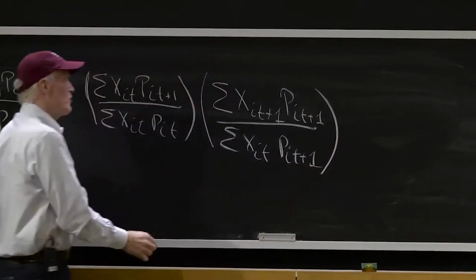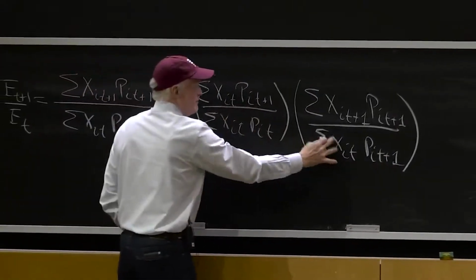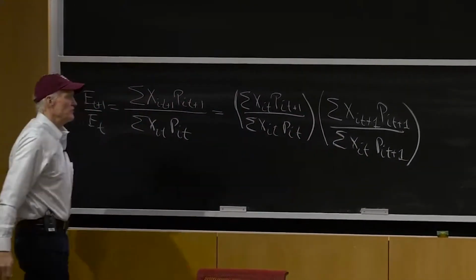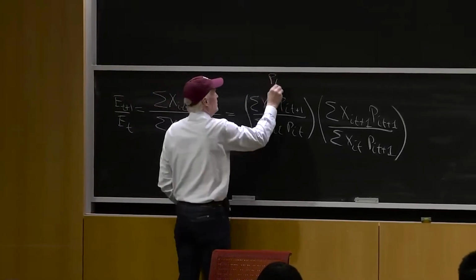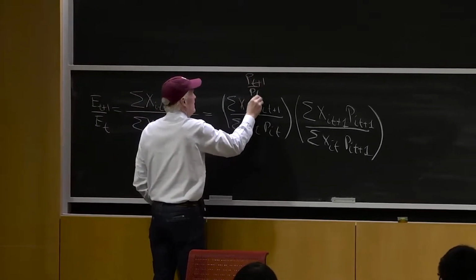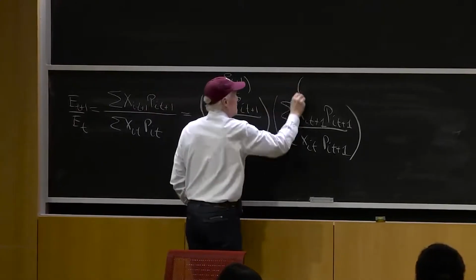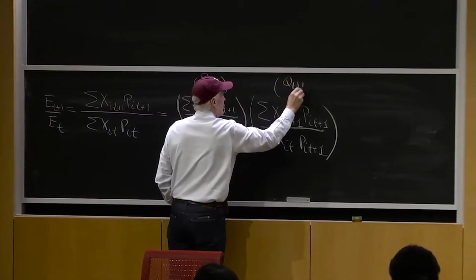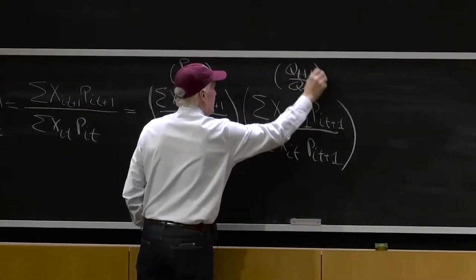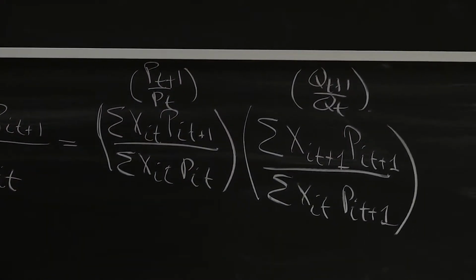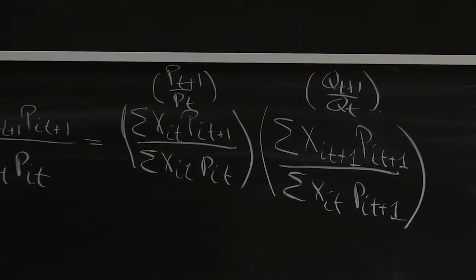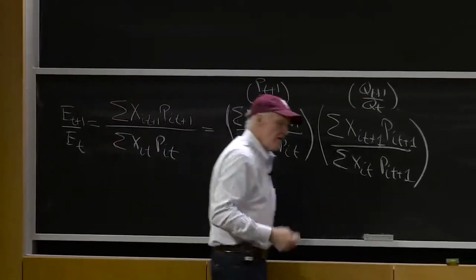So you can see this works because I just inserted the same term here and here, so it cancels. And so you would call this like P_t+1 over P_t. And this could be thought of as Q_t+1 over Q_t, right? So that would be one way to decompose the growth in price and quantities into a price index here and a quantity index here.